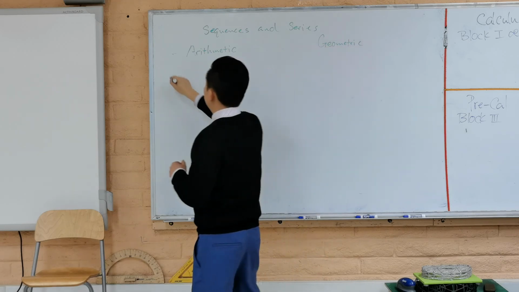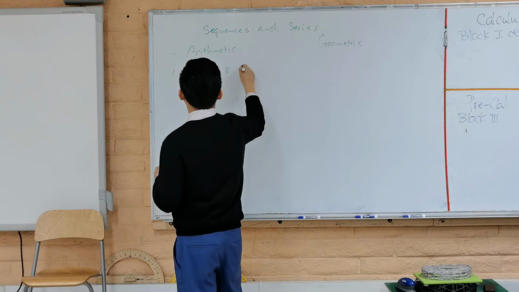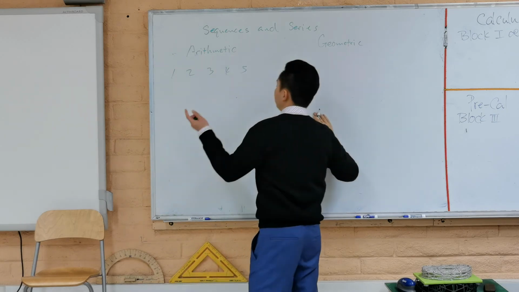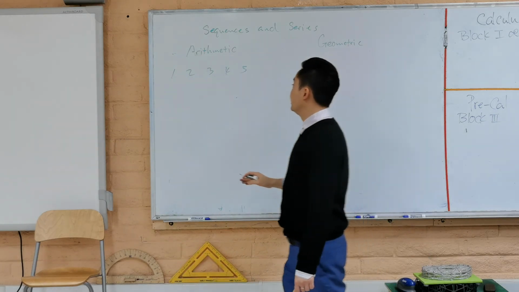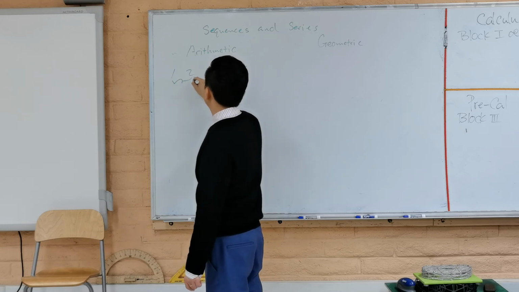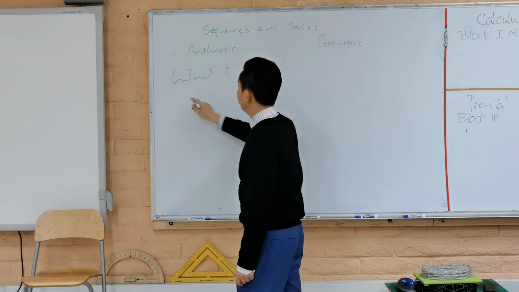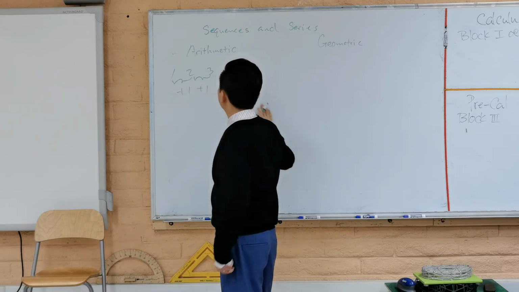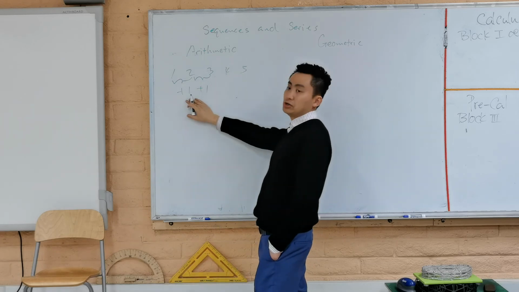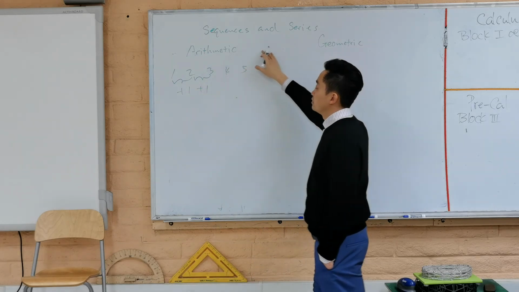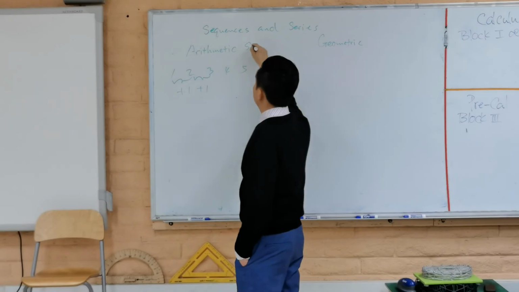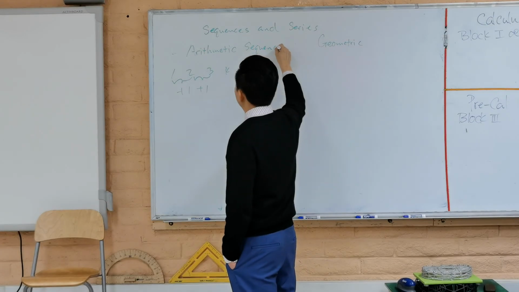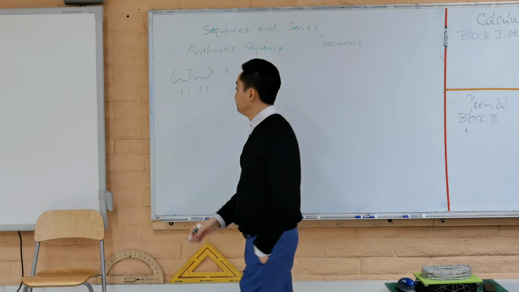So arithmetic is just like 1, 2, 3, 4. So let's say that you want to count a number from 1 to 100. You can see that from one number to the next number, you add 1. Okay? So anytime you see addition and subtraction, that means always consider arithmetic sequence.